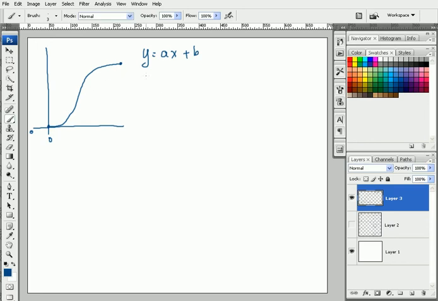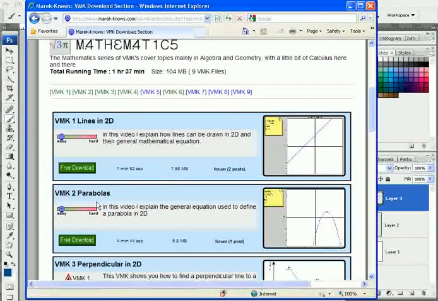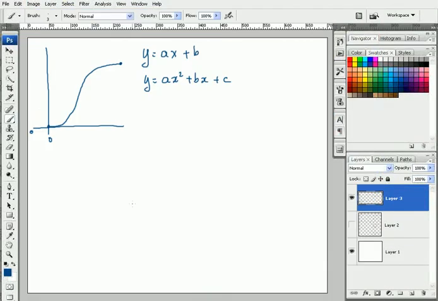Well, we can try a next higher polynomial, like something like ax squared plus bx plus c. However, if you take a look at the general equation for a parabola, which is this guy here, we saw that the general shape of that guy is going to look something like this, where we have a nice curve outward, but then it continues going upward.